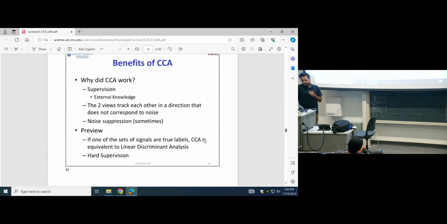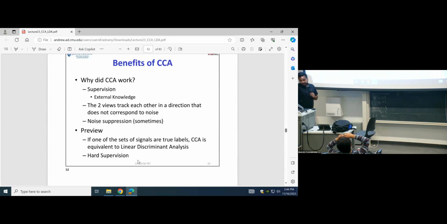But with CCA, it's supervised, and we look at the correlation strength. It's kind of like the opposite of ICA, because ICA looks for independence, CCA looks for the joint strength area.